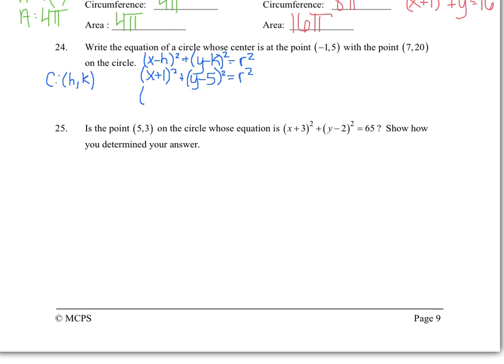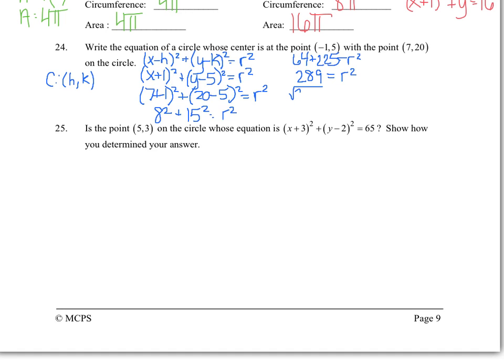So if I plug in those numbers, 7 for x, so 7 plus 1 squared, plus 20 for y, so 20 minus 5 squared equals r squared, I can solve for r. 7 plus 1 is 8, so 8 squared, plus 20 minus 5, which is 15, so 15 squared equals r squared. 8 squared is 64, 15 squared is 225. 225 plus 64 is 289, equals r squared.